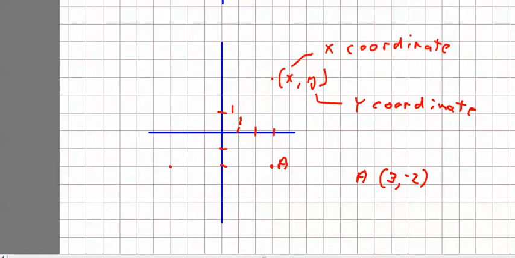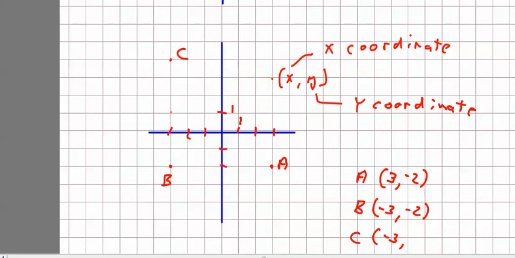If I go over here, point B, in the x direction, 1, 2, 3, we're at -3. The y direction is -2. Point C, right there, in the x direction, is -3.